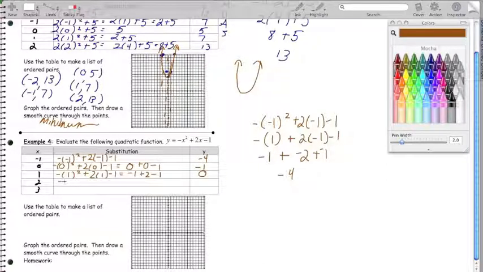All right, next one, negative parentheses 2 squared plus 2 times 2 minus 1. 2 squared is 4, so I get negative 4 plus 4 minus 1, negative 1. And then lastly, negative parentheses 3 squared plus 2 times 3 minus 1. I get negative 9 plus 6 minus 1. Negative 3 minus 1 is negative 4.